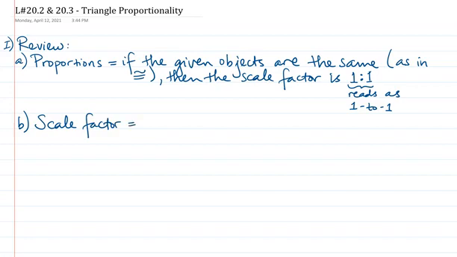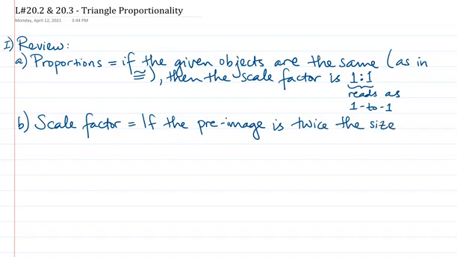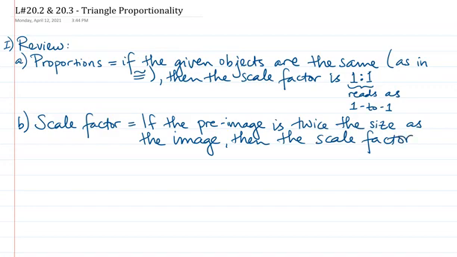Second review, scale factor. If the pre-image is twice the size as the image, then the scale factor is 2 to 1.